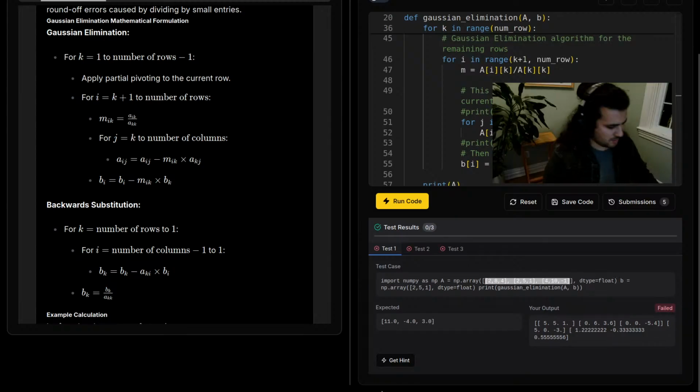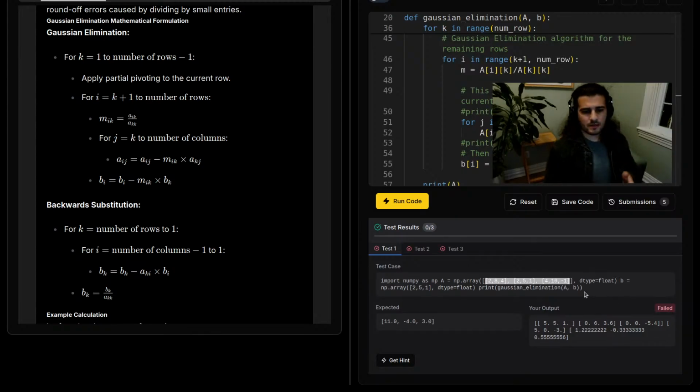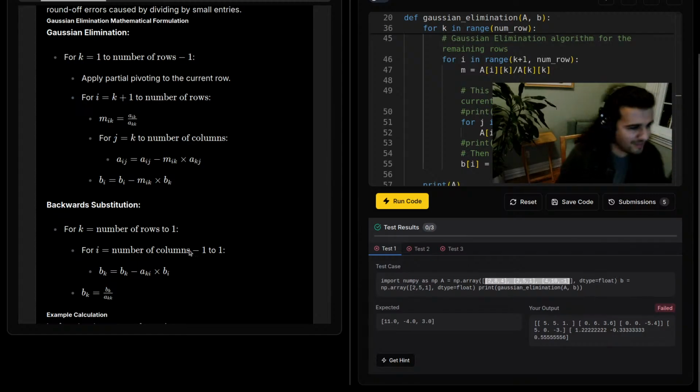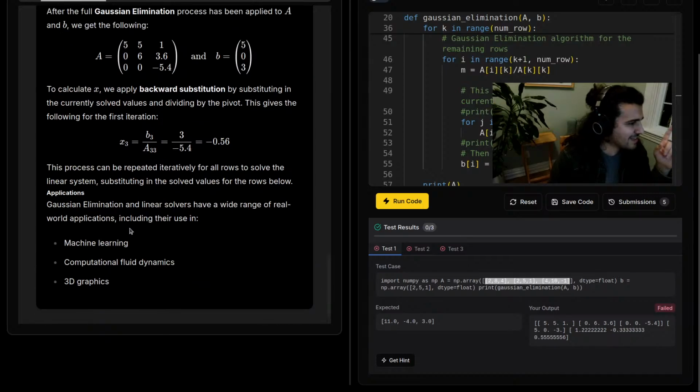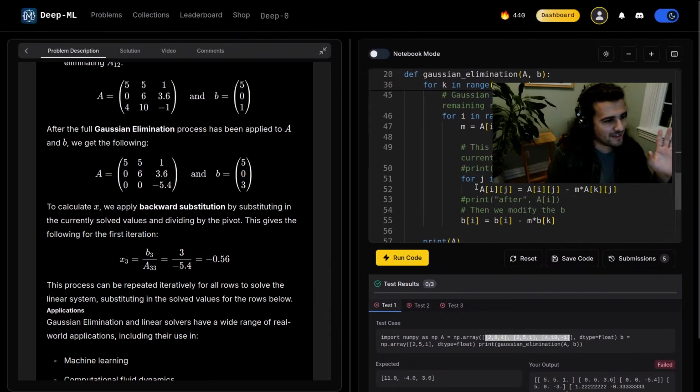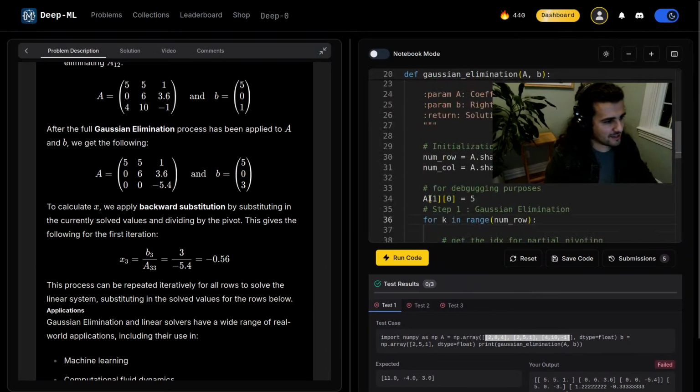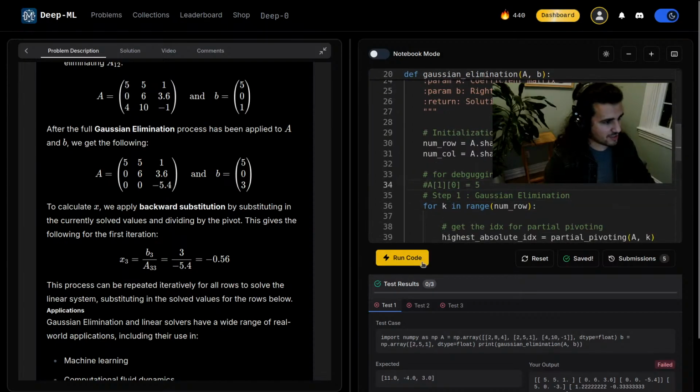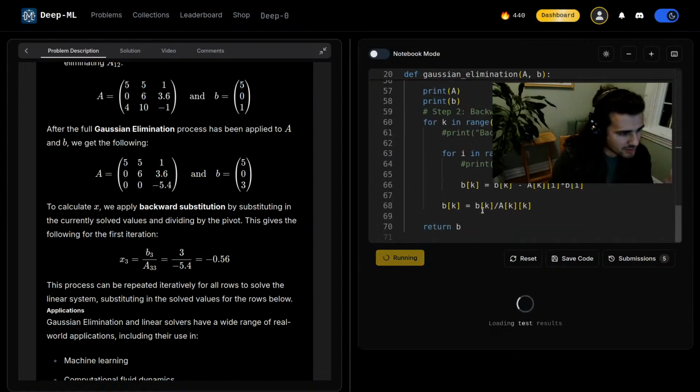Okay, wait. So 5 divided by 9 is what? No, I think this is wrong. Like that. Okay. Let's kill this off and see if we're getting closer, because I think my algorithm is somewhat correct.